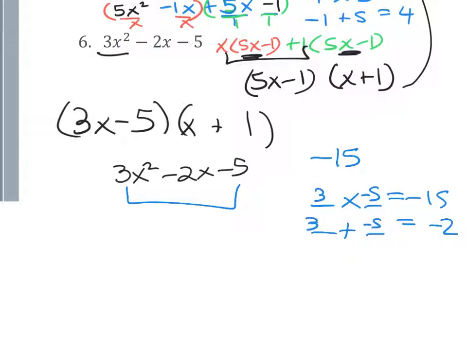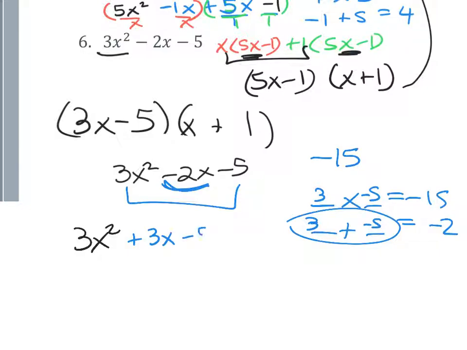So again, rewrite the first term. Replace this middle with these two numbers. Again, you would think you need to put the 3x first, but it'll still work if we put the negative 5 there. It doesn't matter.